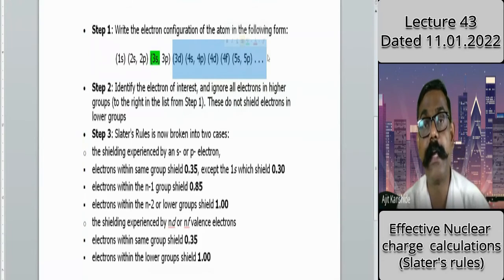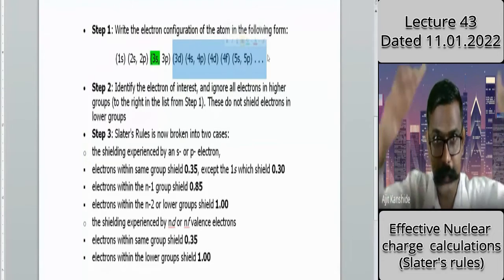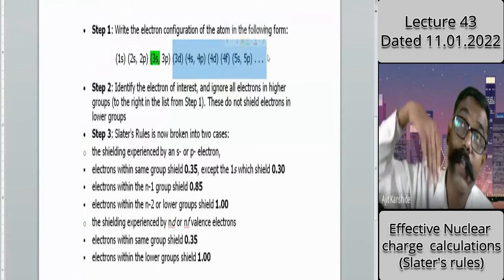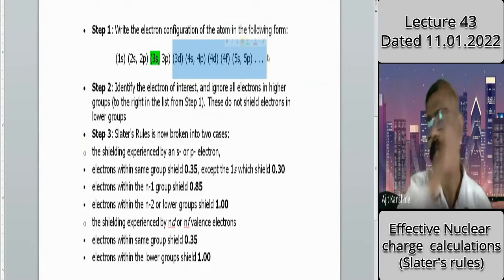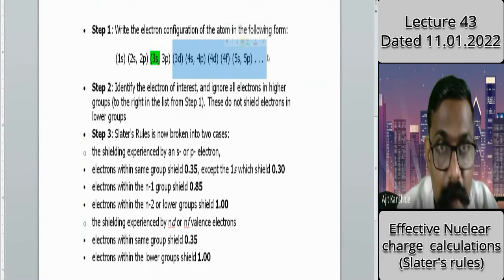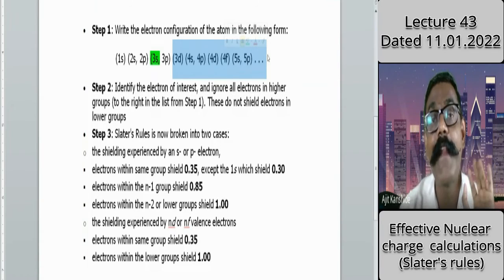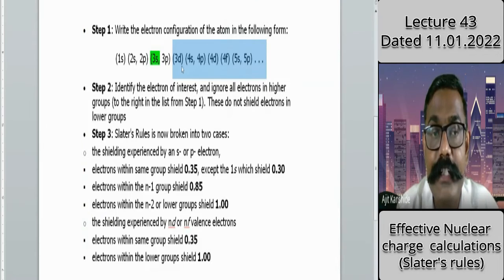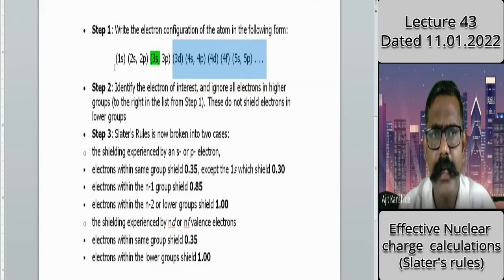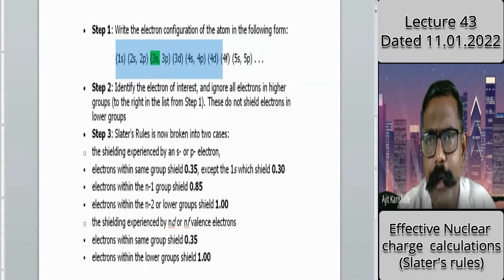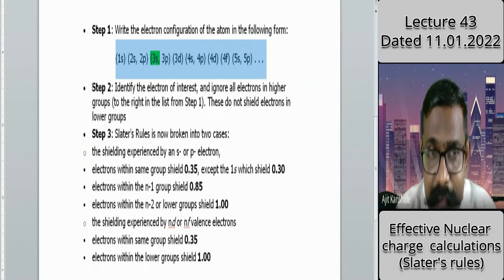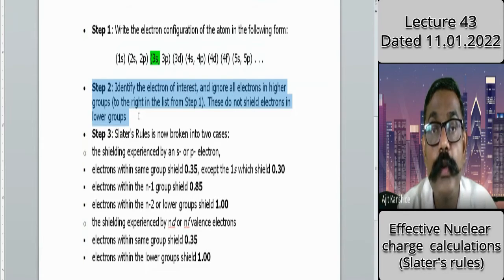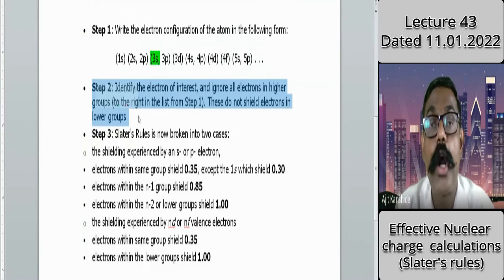If a student is at the 4th row in the classroom, then students at the latter stage, 5th, 6th, 7th, 8th, 9th, 10th row, will not affect, will not repel, will not divert the student. It is the second step conclusion. I repeat, in the first step, we understood the groups for electronic configuration. In the second step, we understood the outer electrons are not going to affect the shielding.